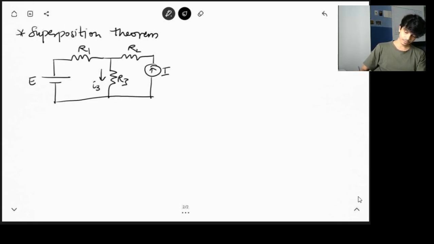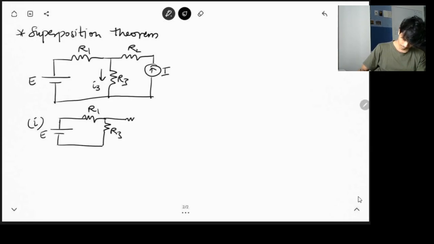So first, let's only consider the voltage source. So when we do that, we will replace the current source by its internal resistance, which in this case is infinity. So then the circuit will look like this, and nothing over here, because this has been replaced by an infinite resistance.